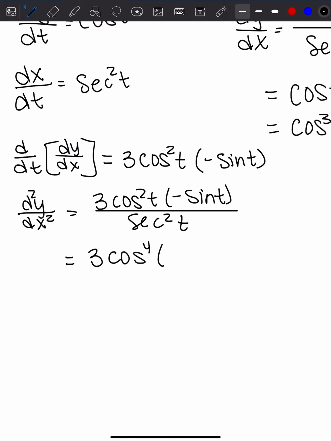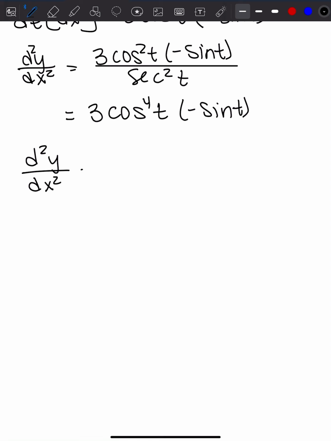Okay, so now what we're going to do is find the second derivative at a specific value. t is equal to pi over 6. So d squared y over dx squared evaluated at t equals pi over 6. So I have 3 times cosine to the 4th of pi over 6 times negative sine of pi over 6.